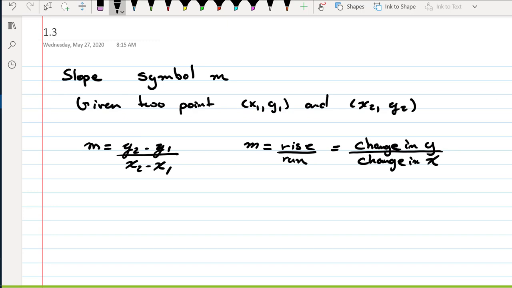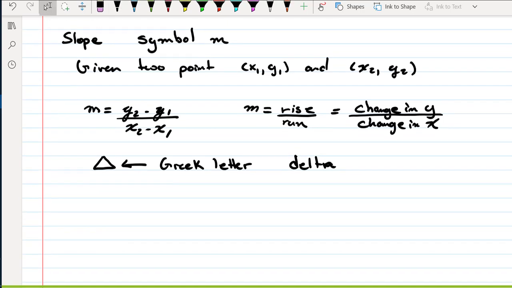So we're going to use some abbreviations when it comes to slope. One of them looks like a triangle, but it is actually a Greek letter. Specifically, it is the Greek letter capital delta. And delta is read as the change in.